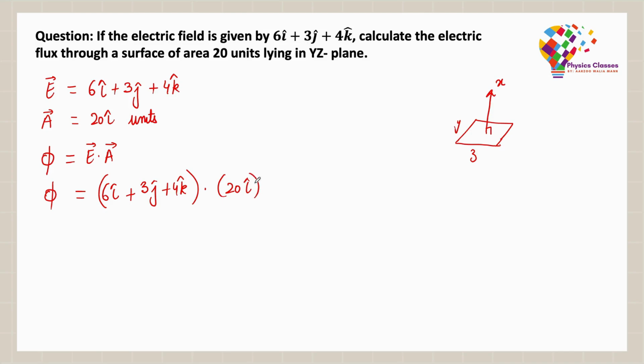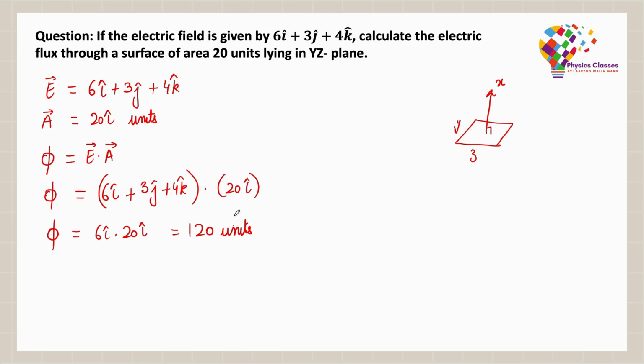Now for the dot product, you know that i dot i is 1 and i dot j or k is going to be 0. So this is something that we learned in class 11. So I know that 6i dot 20i is the only one that will give me something. So i into i is 1. So this comes out to be 120 units because they have not specified the units for the area, so I just take it as units.